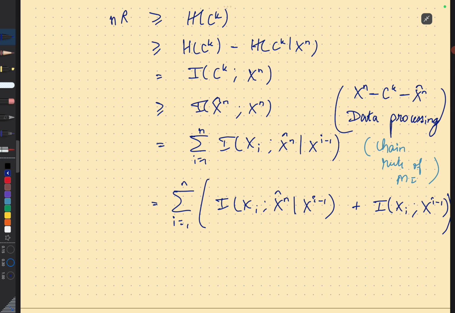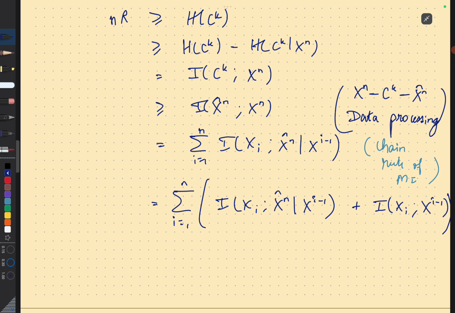Equivalently, I am saying that the mutual information between X_i and X_1 through X_{i-1} is equal to 0. Yeah? Independence, right? We are assuming that the source is memoryless. That's an important assumption that we have made.